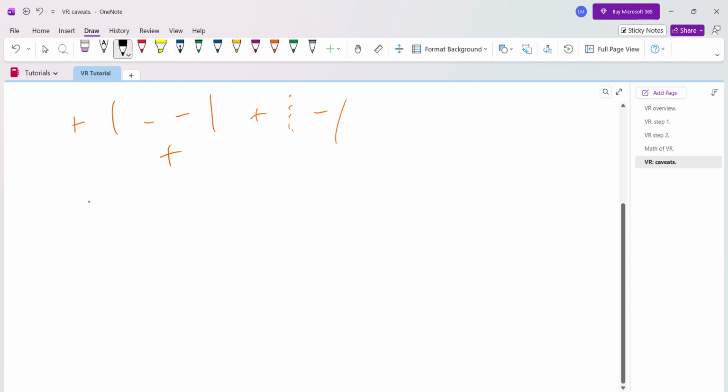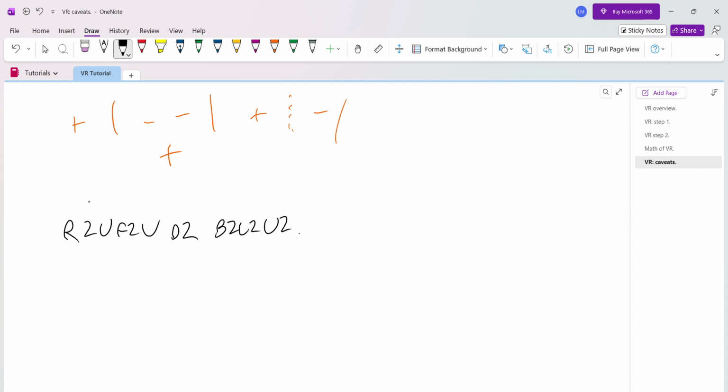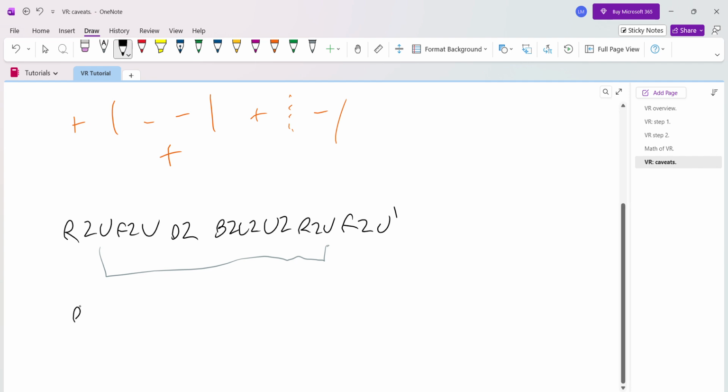And here's how. Let's say we have R2, U, F2, U, and then D2, and then you have B2, L2, U2, R2, U, F2, U prime. Basically, let's say we have this as a VR. Okay. What we're going to do is a usual thing, R2, U wide, F2.